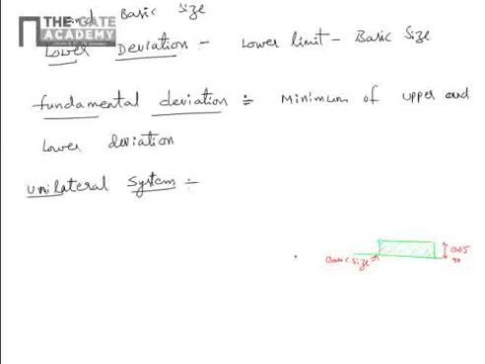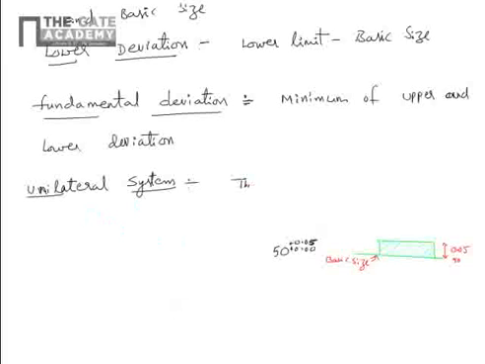It can be represented as 50 plus 0.05, plus 0.00. So the dimension is varying only on the upper side, only in one direction. So that's why it is called unilateral system.